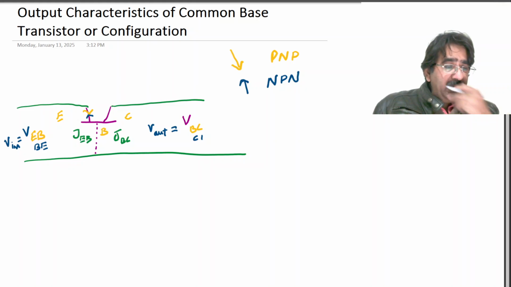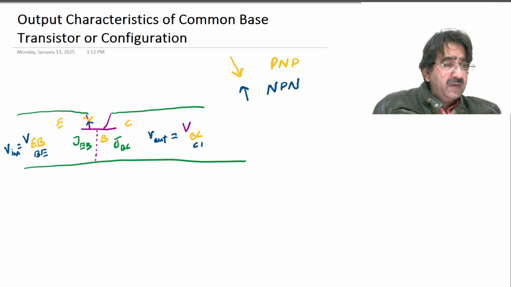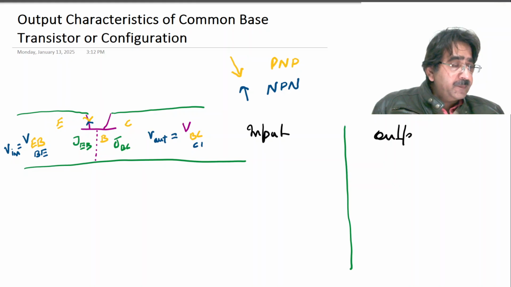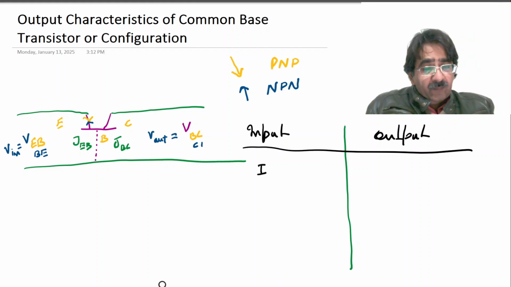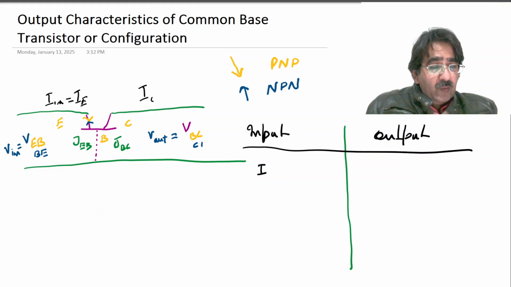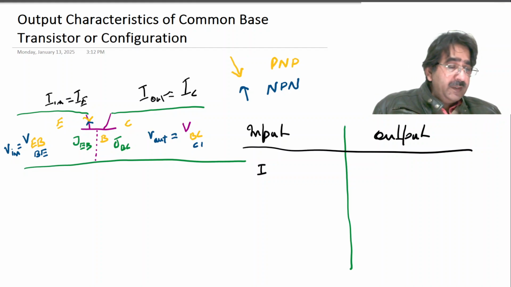For the output characteristic, we have to draw the graph between current and output voltage. Before starting, I will write what the input and the output are. The input current I_in will be I_E and I_out will be I_C.